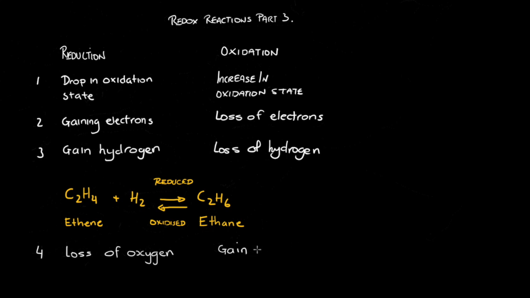So the gain of oxygen is known as oxidation. So here's our fourth definition. An example could be any combustion reaction that involves oxygen, which would be known as oxidation. If we took magnesium and reacted that with oxygen and formed magnesium oxide, that would be an oxidation reaction.